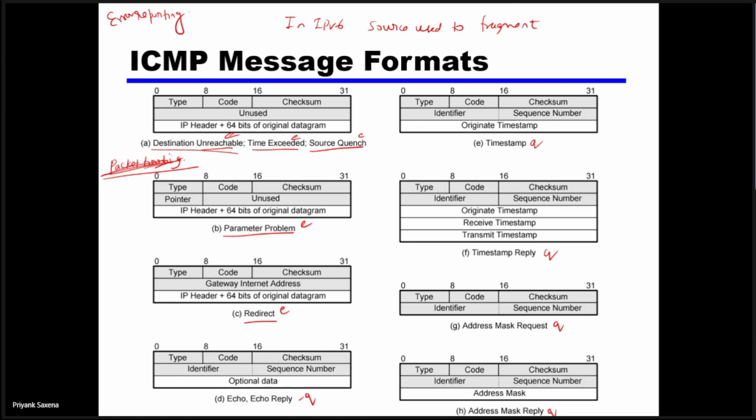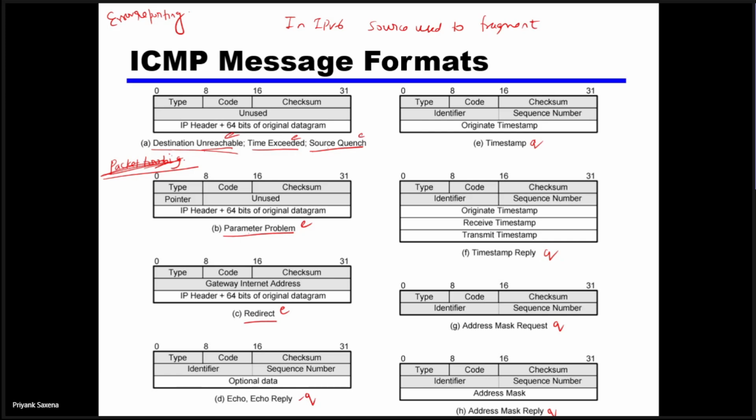Similarly, the last two messages, address mask request and address mask reply. Just now we discussed the subnet mask, right? So if a router is not aware of the subnet mask to be applied on the IP datagram, it broadcasts this message, address mask request, in the network.